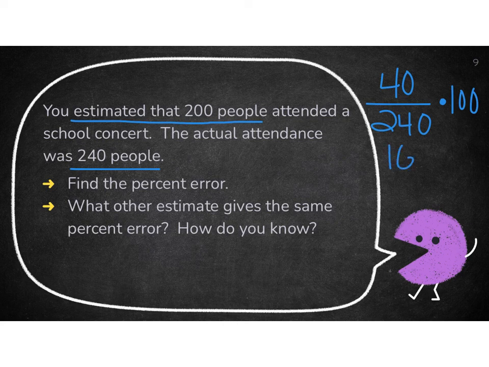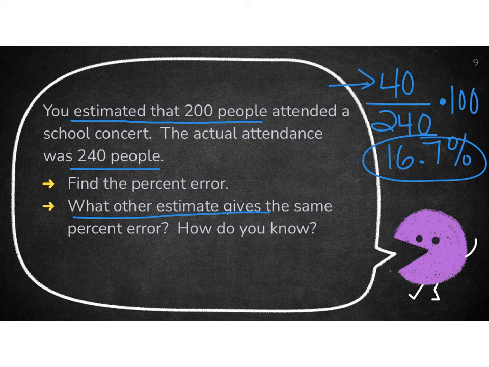Your answer should be approximately 16.7%. The next question says, what other estimate gives you the same percent error? Well, in order for us to plug an amount in, divide by 240, multiply by 100, and still get 16.7, this number has to be the same. 40 has to be the same no matter what. Well, in the example that was given, the estimate 200 was an underestimate.